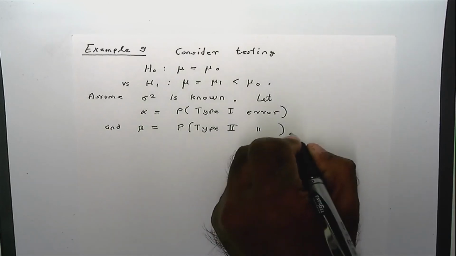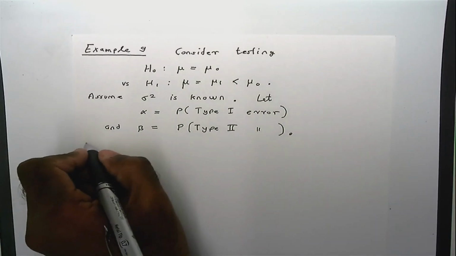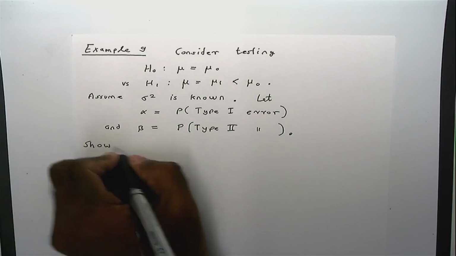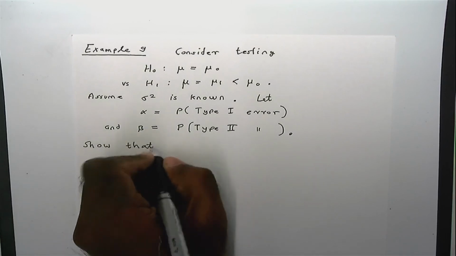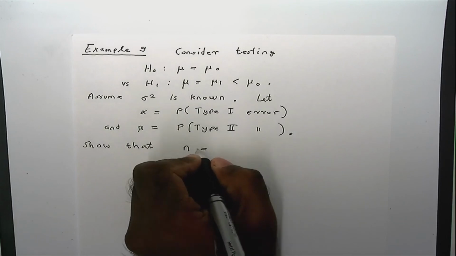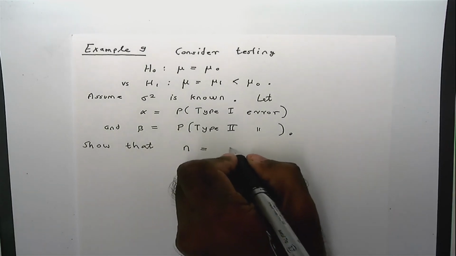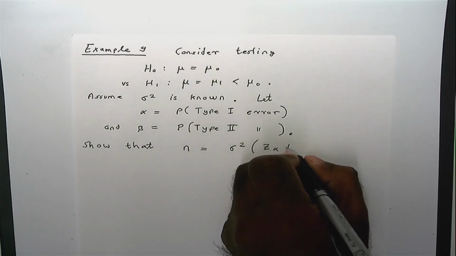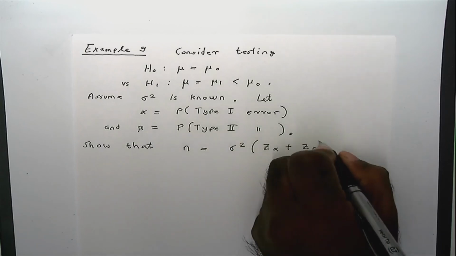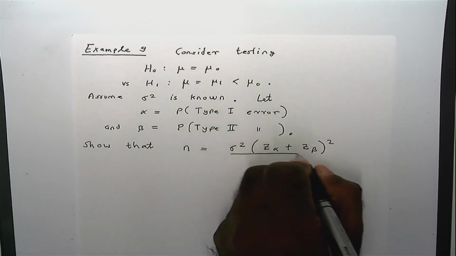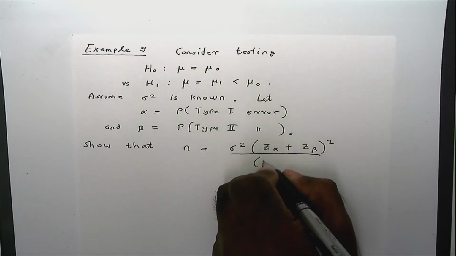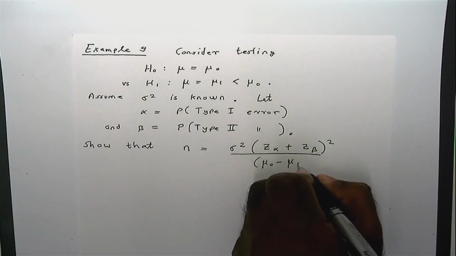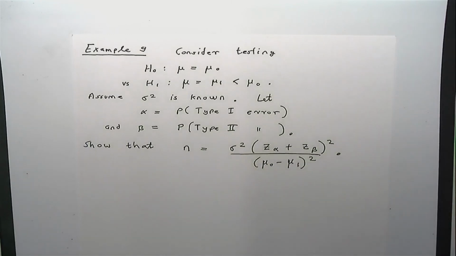The question is to show that n, the sample size, is equal to the following. Okay, so this is a slightly different question to the kind that we have seen.